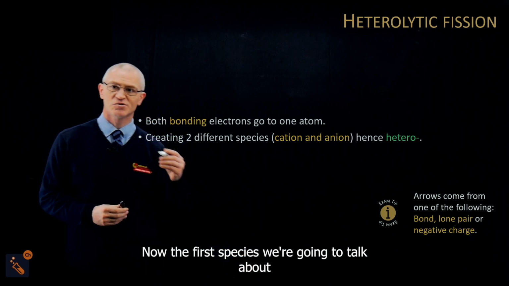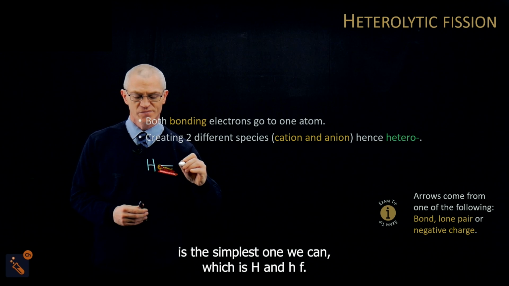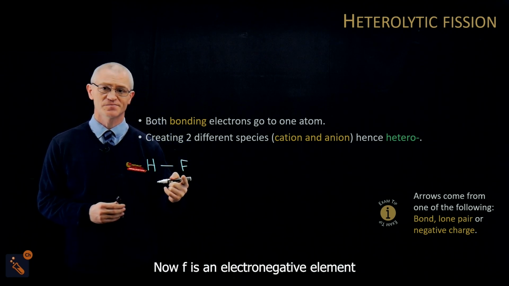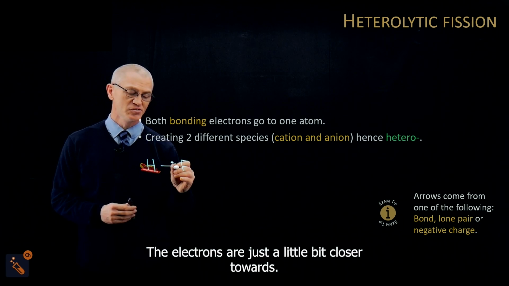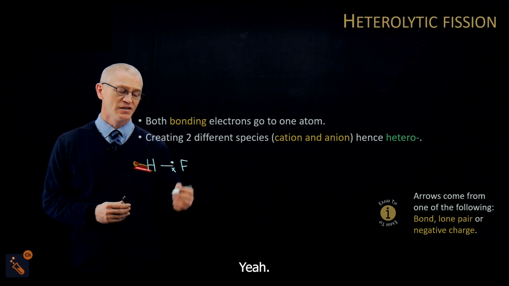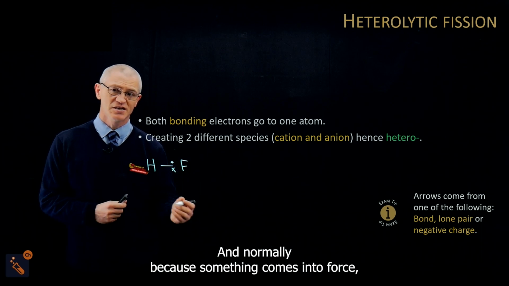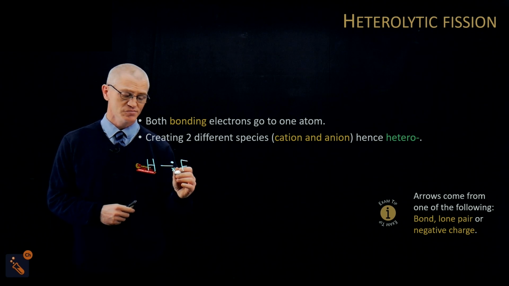Now the first species we're going to talk about is the simplest one we can, which is HF. Now, F is an electronegative element. Because it's an electronegative element, the electrons are just a little bit closer towards the F. Now, this happens all the time. Heterolytic fission tends to happen if you've got an electronegative element, and normally because something comes in to force something else out, which is the electronegative element.